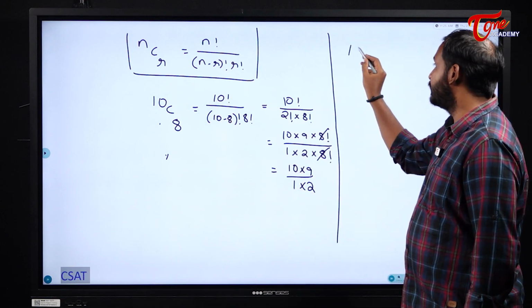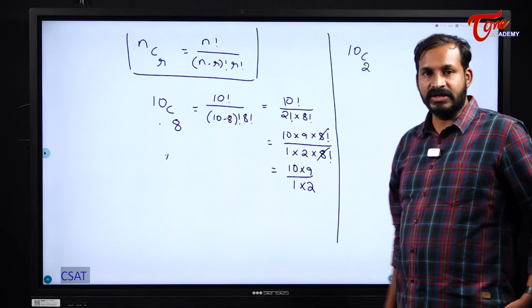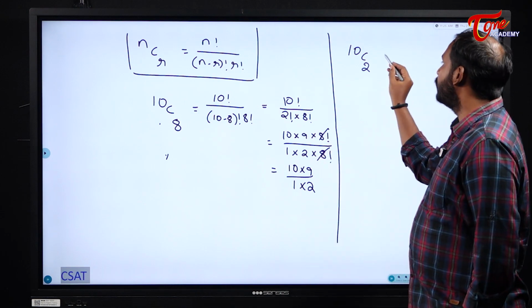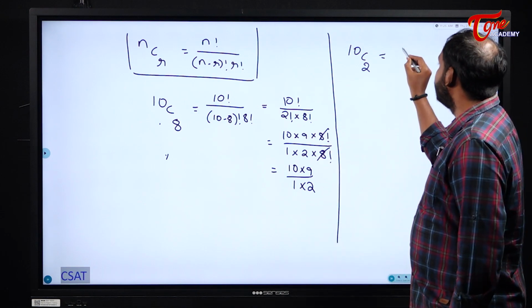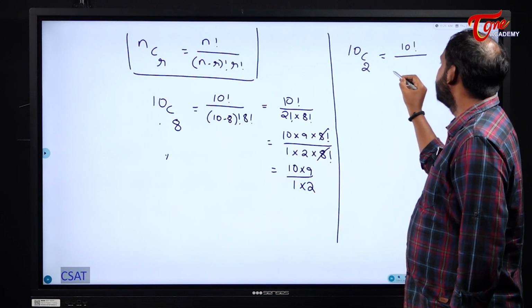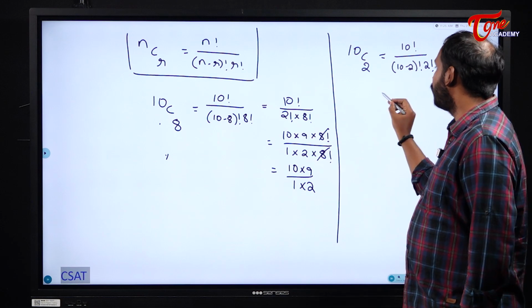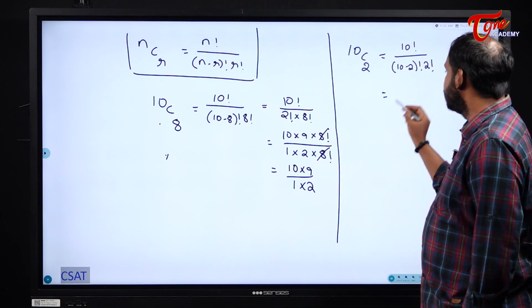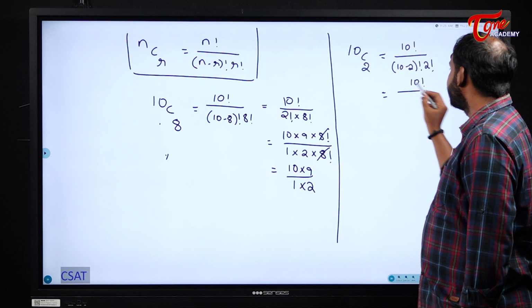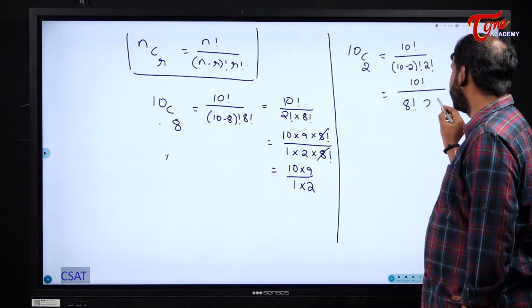Similarly 10C2. Here, 10 factorial by (10 minus 2) factorial into 2 factorial, which is 10 factorial by 8 factorial into 2 factorial.